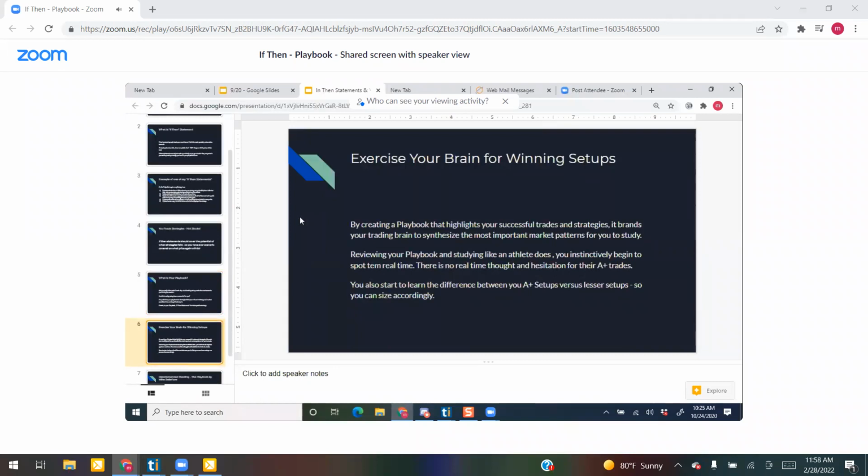Well, no, what we're saying is, like a professional athlete needs to study his playbook in writing, okay? By creating a playbook that highlights your successful trades and strategies, it trains your trading brain to synthesize the most important market patterns for you to study, okay? That's a fancy sentence, but all it means is you're building your muscle memory, okay, by studying it over and over.